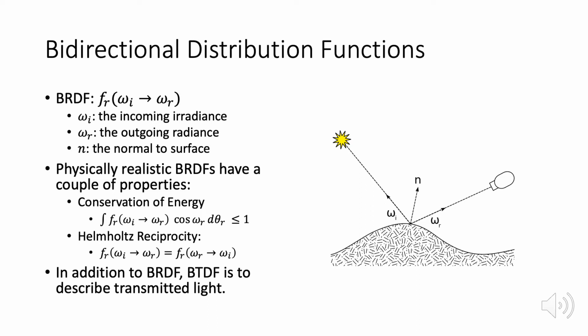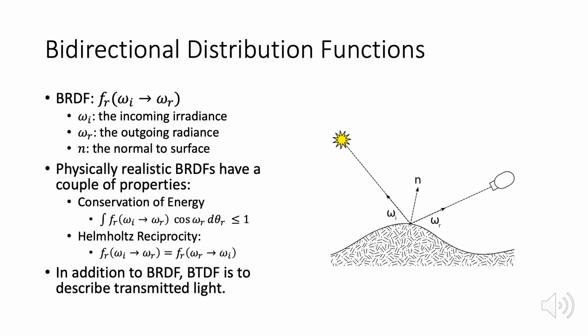The bidirectional reflection distribution function has some physical properties. The first one is that if we take the integration of the BRDF along every single incident direction, the result should be less than 1. This naturally follows the law of conservation of energy.